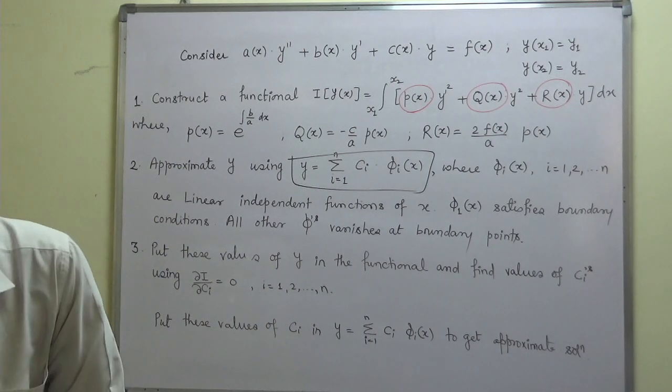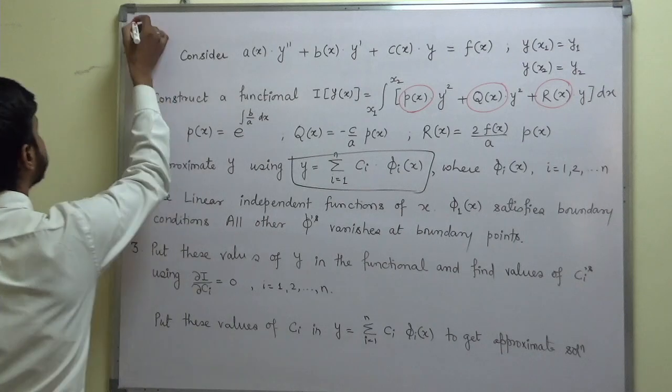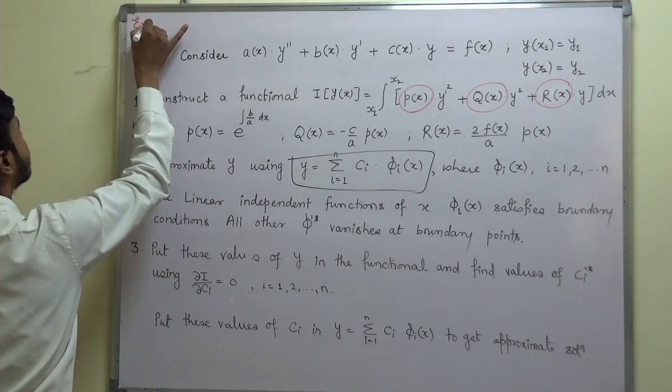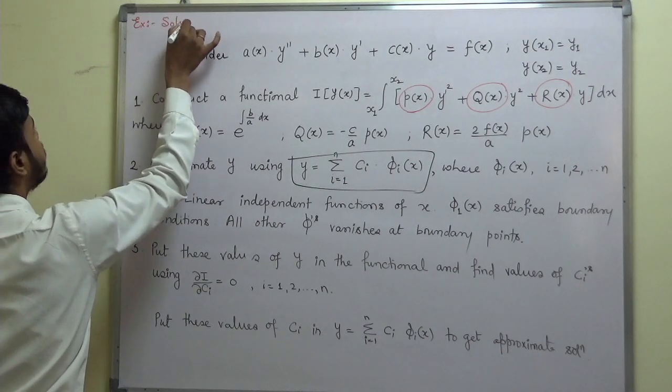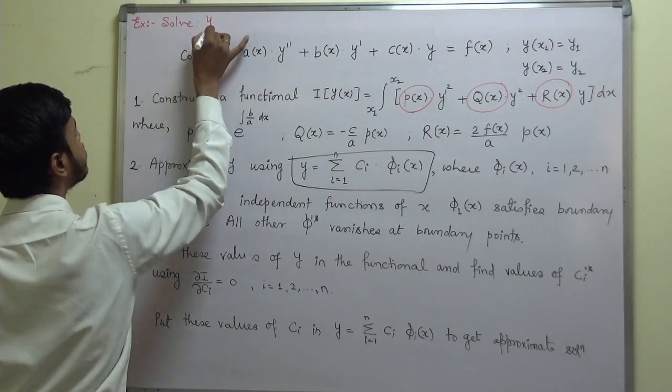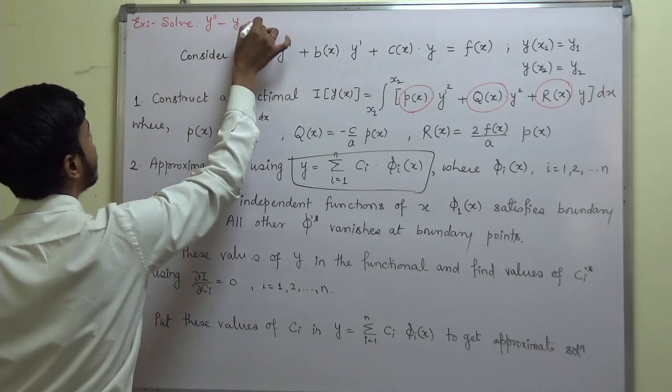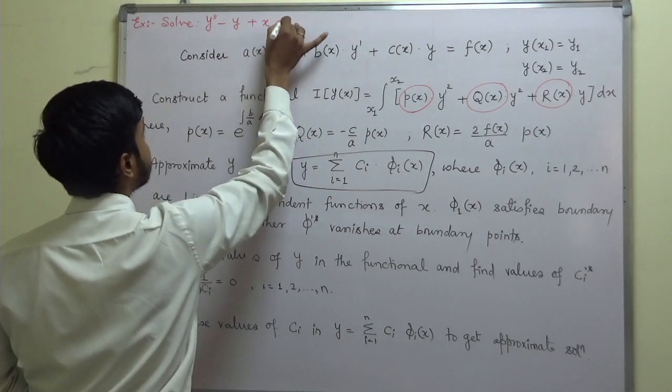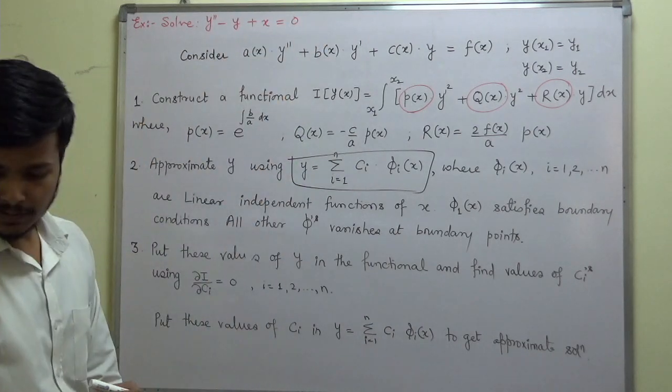So this is a solved example. Solve y double dash minus y plus x is equal to 0.